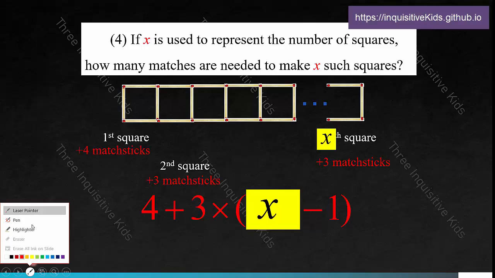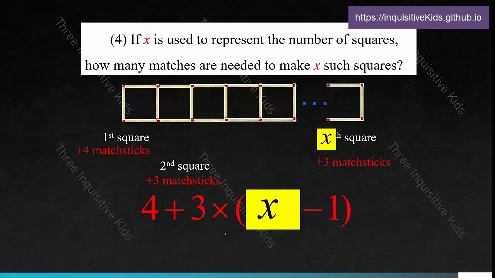So let's see if we can first try to prove that this is correct. Let's say x equals 3. So that's going to be from the first square to the third square all the way over here. And then let's see it. So the equation is going to become 4 plus 3 times 3 minus 1.